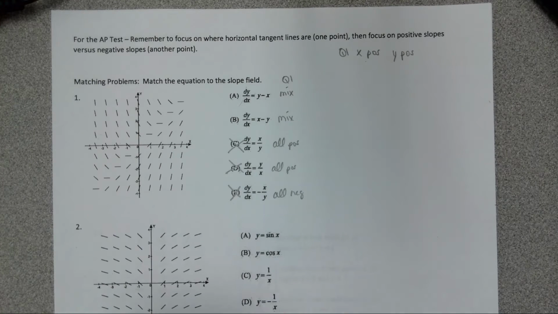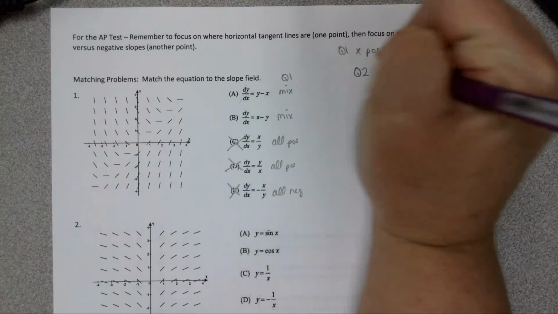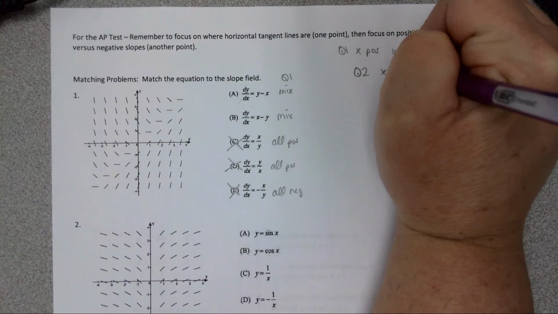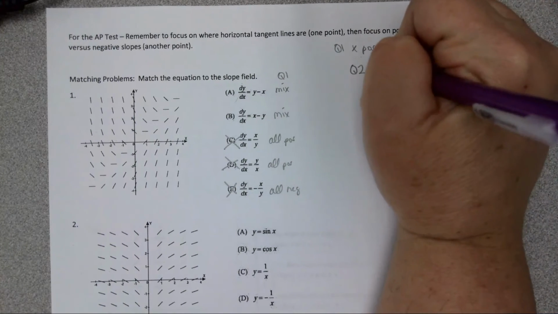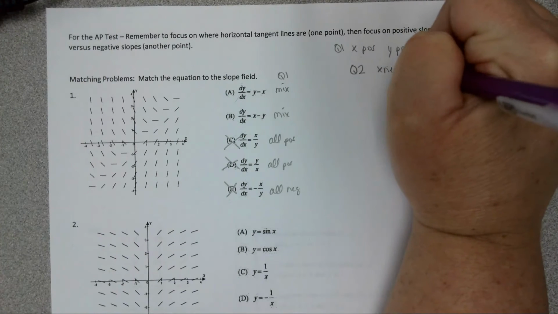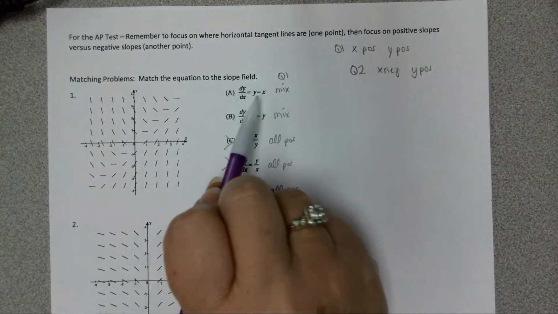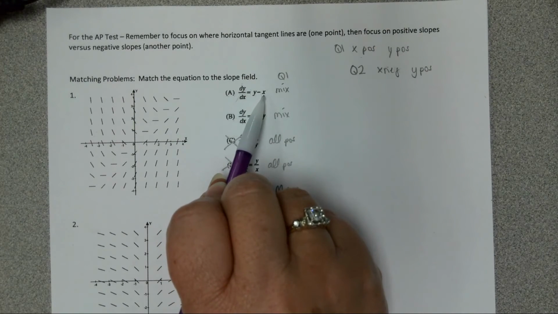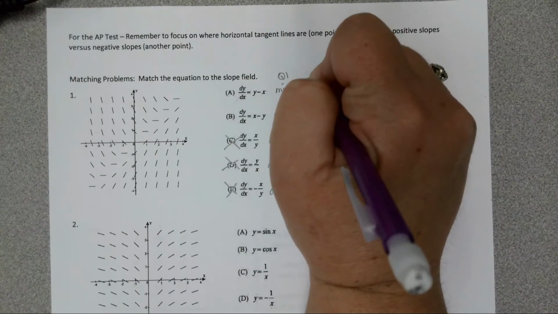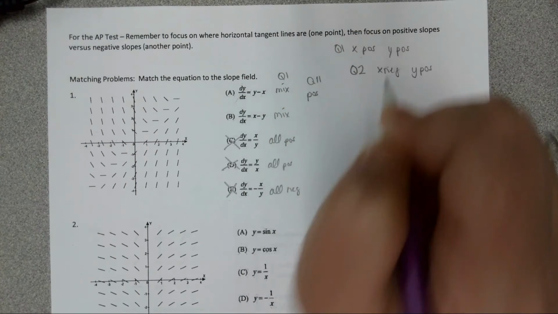So now we're working quadrant 2. X is negative and y is positive. That's y minus a negative x. That means in quadrant 2, I'm going to have all positive slopes.